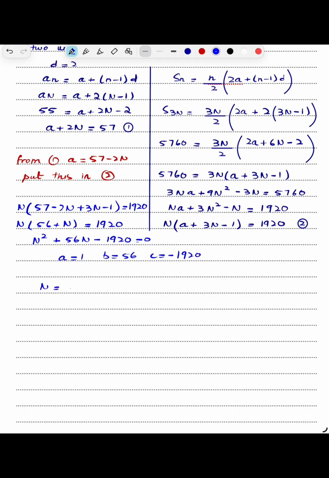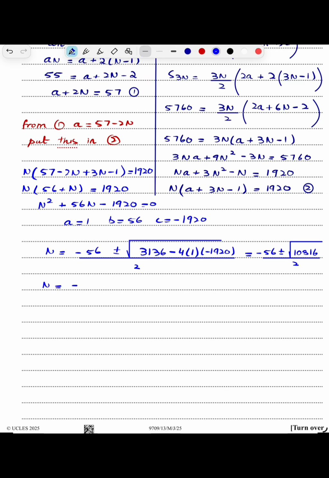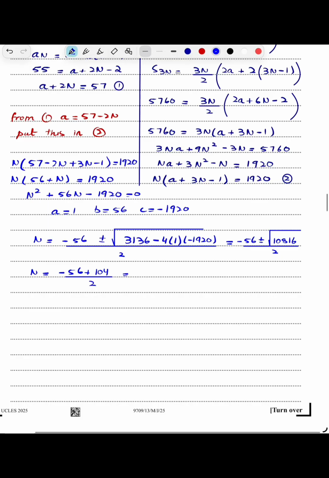So n is equal to minus b plus minus the square root of b squared, which is 3136, minus 4ac, over 2 multiplied by 1, which is 2a. This becomes minus 56 plus minus the square root of 10816 over 2. So n becomes minus 56 plus 104 over 2. It cannot be minus, right? Because this is the number of terms, and the number of terms are like the first term, the second term, the third term.